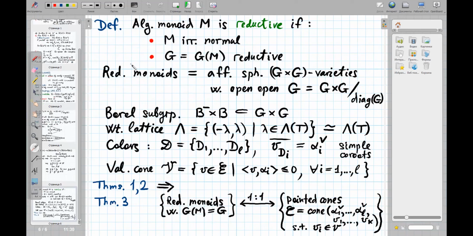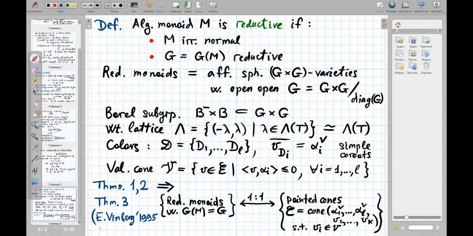This theorem is due to Vinberg, of 1995. But in fact, his proof didn't use the theory of spherical varieties. His proof was different and maybe not quite straightforward.